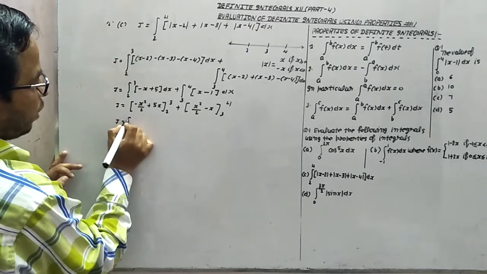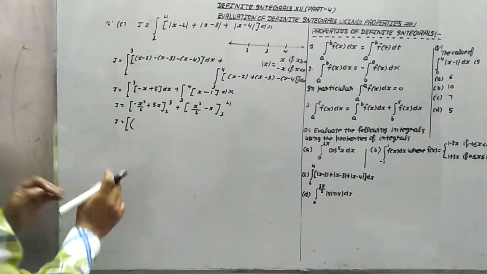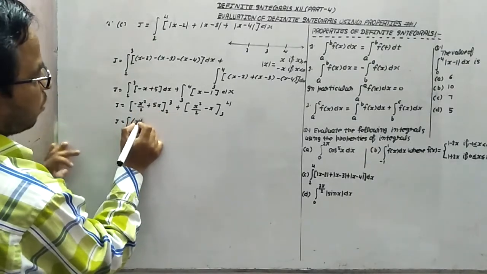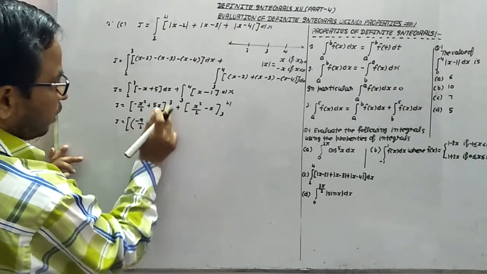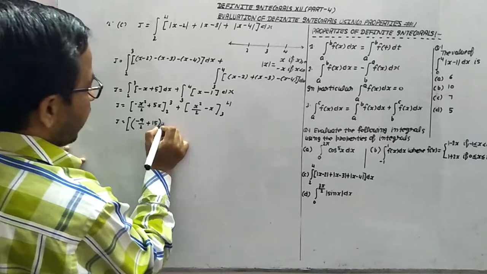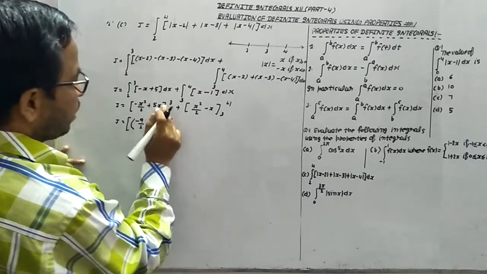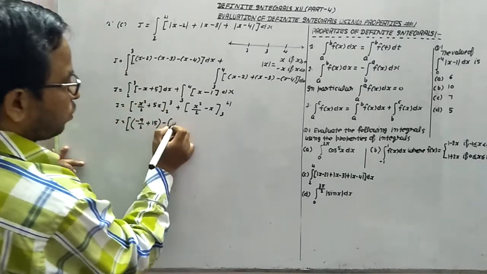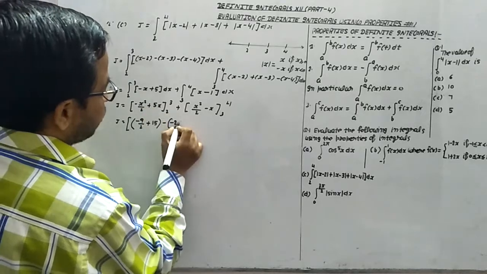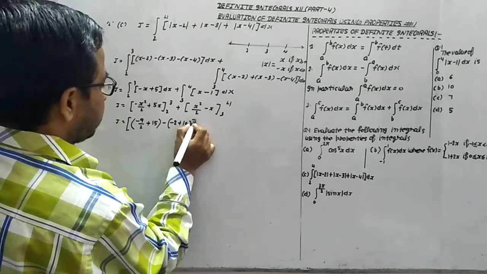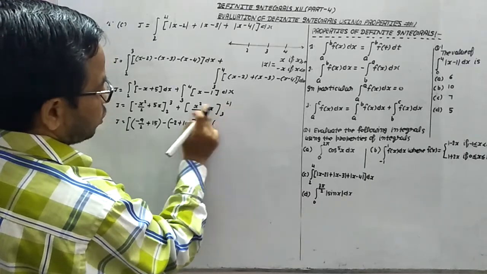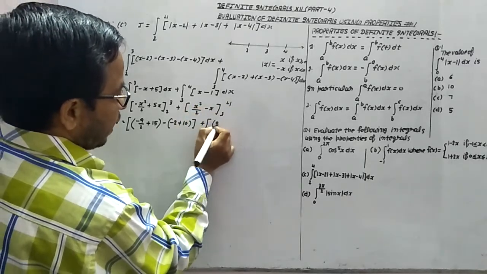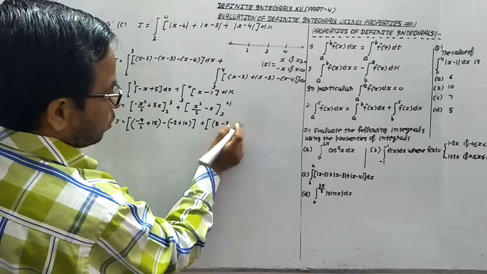Now substitute the values. First of all, we will put the upper limit. It means this becomes minus 9 by 2 plus 15, by putting 3 only, and then minus the lower limit. It means this is 4 by 2, this is minus 2, and this is plus 10. Now here we will put the upper limit. It means this becomes 16 by 2, which is 8, minus 4.